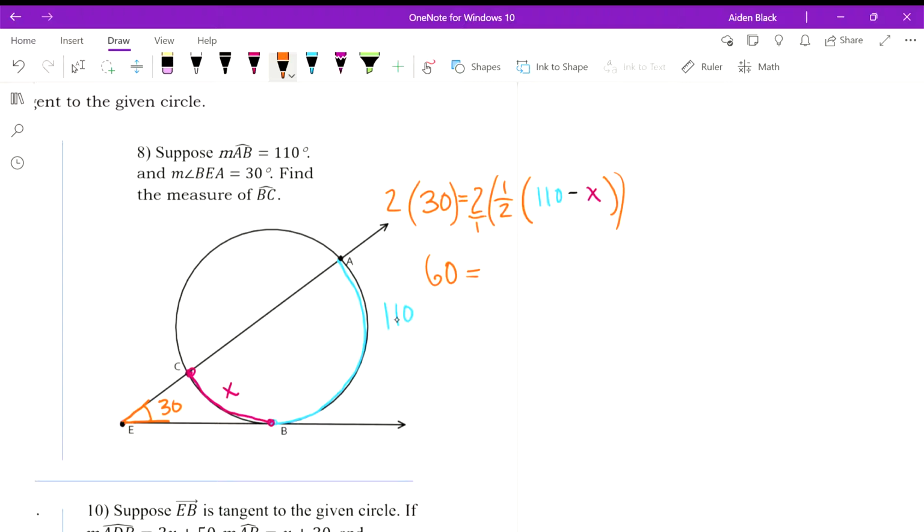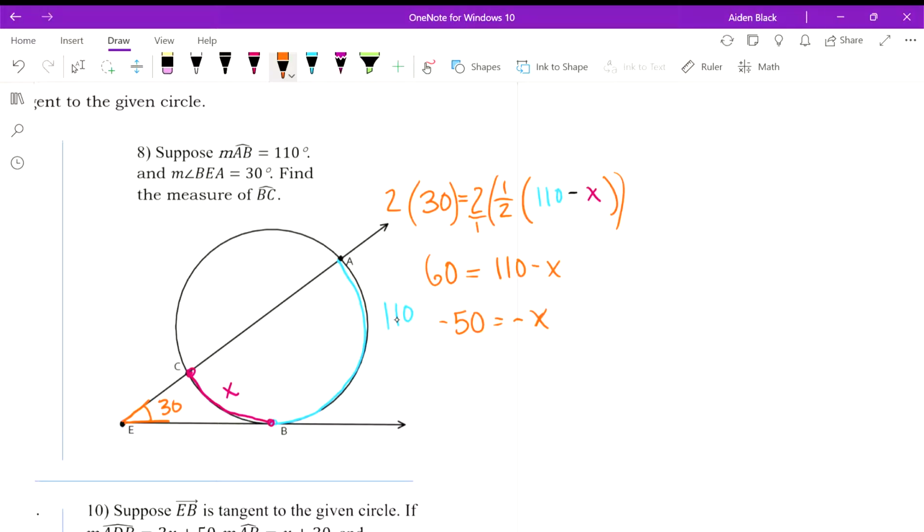So you just have 110 minus X. Now we can subtract 110 from both sides if we'd like. That should give us negative 50 on the left-hand side and negative X on the other.